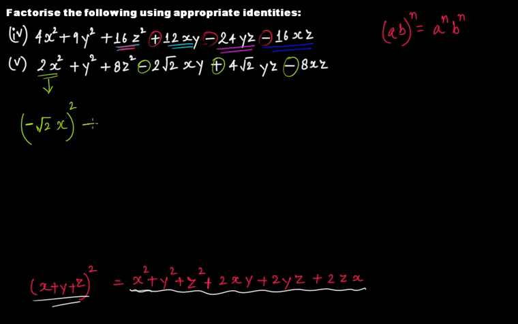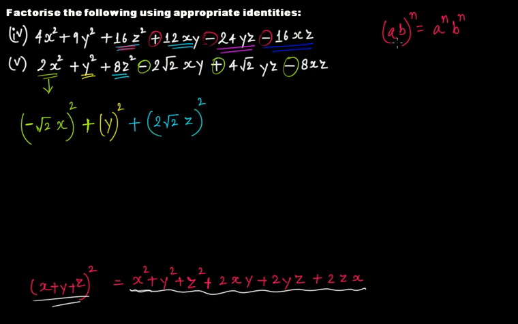Then plus, this is y squared, so write it as y whole squared. Now this is 8z squared. How will you write this? Well, this will be 2 multiplied by square root 2 z whole squared.